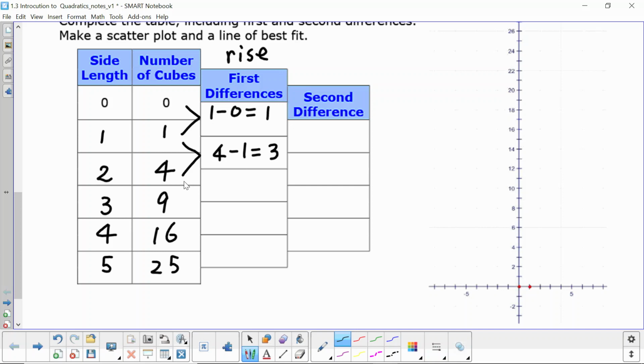Then from 4 to 9, the rise is 5. And from 9 to 16, the difference is 7. Difference means subtraction. So from 16 to 25, the rise is 9.